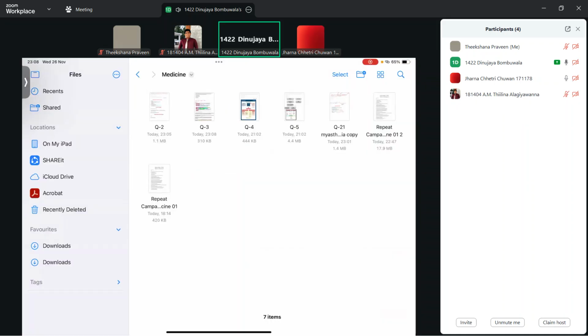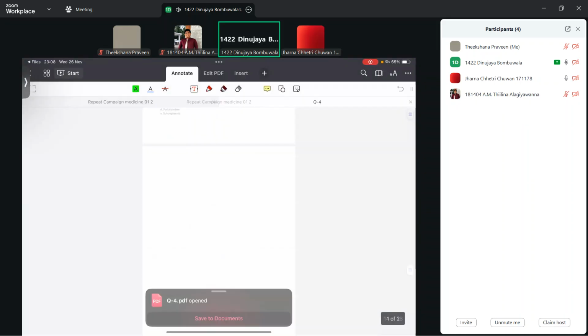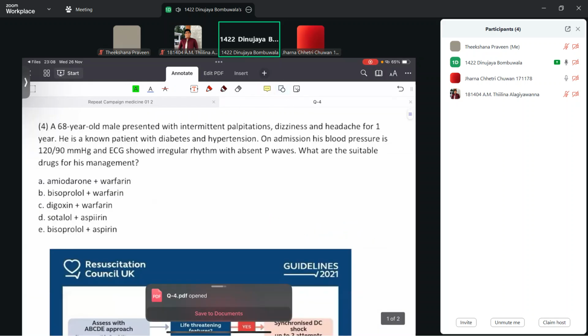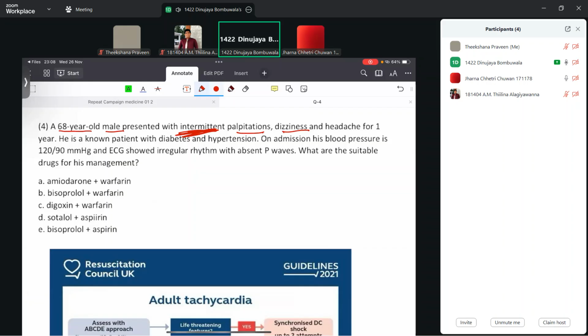Just say for a 68-year-old male with intermittent palpitations, dizziness, headache for 1 year.